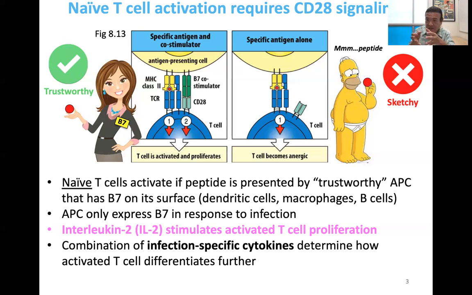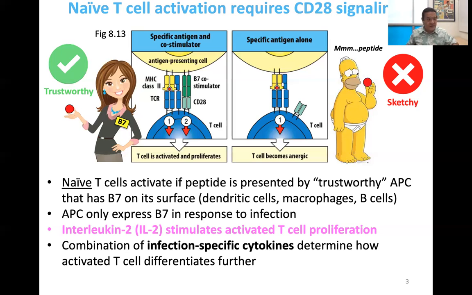Hey, it sees something that it likes and it activates, but it doesn't know what to do next. So that's when different cytokine messages that are coming into the lymph node from the site of infection will help inform or tell this activated helper T cell what type of infection is going on, and therefore what subtype of CD4 cell it should become.